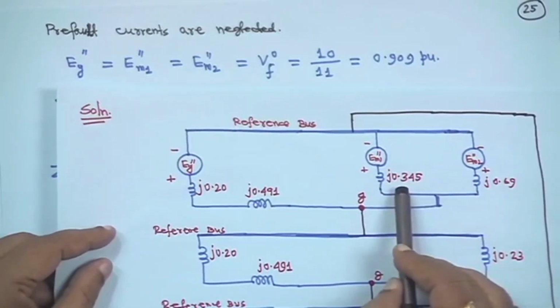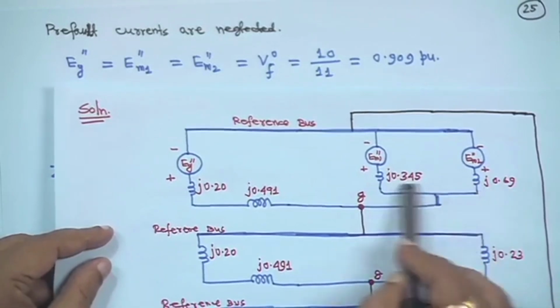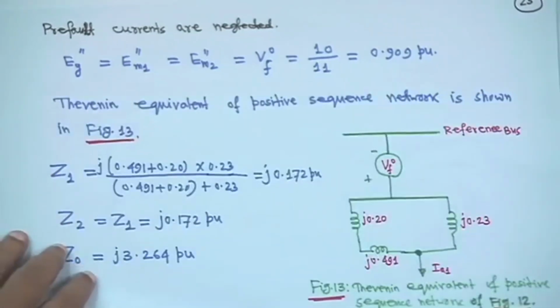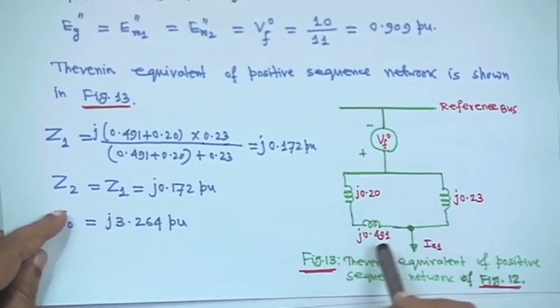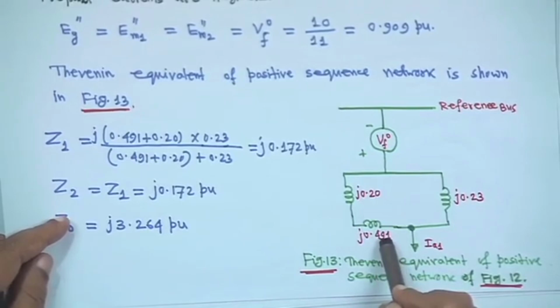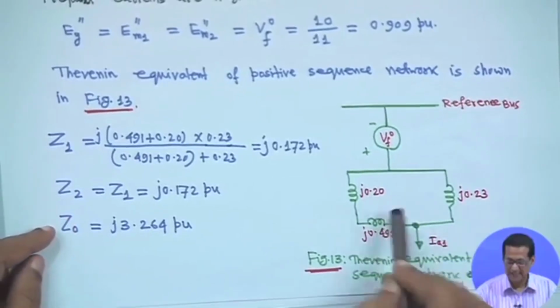Next, take the parallel equivalent of j0.345 and j0.69, which will be j0.23. On this side there are j0.20 and j0.49, and we add these two and take the equivalent.